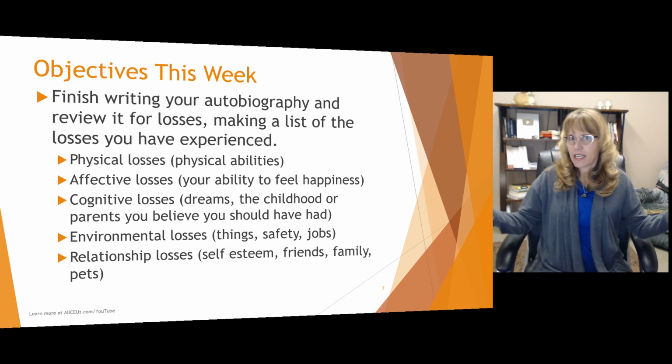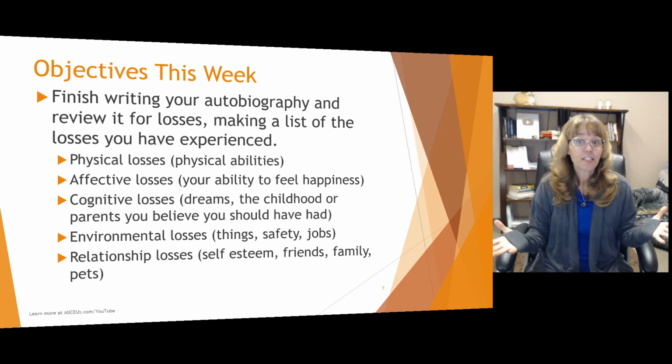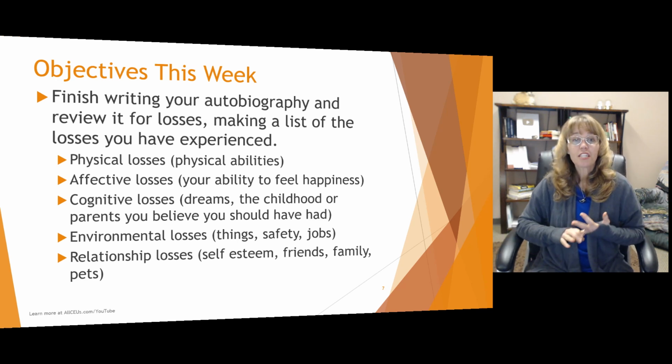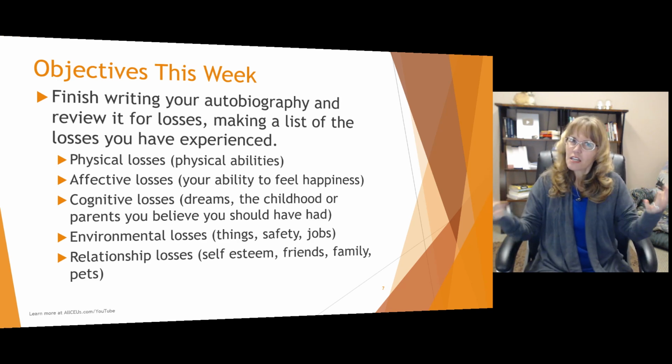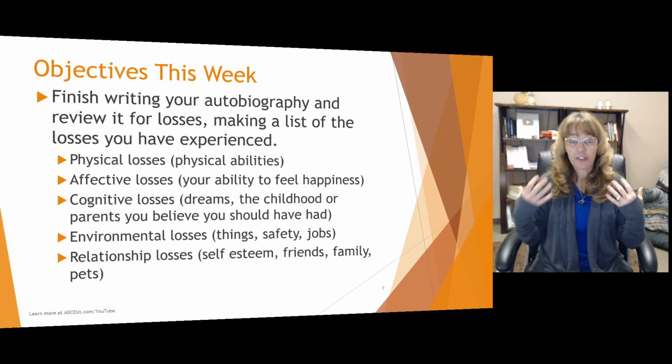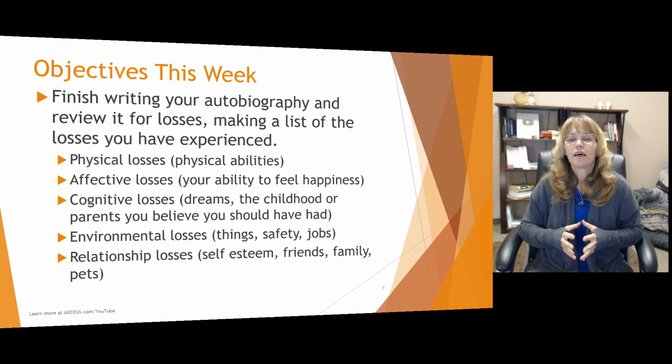If they experienced a fire and they lost their home, for example, their loss of safety. Now that's not necessarily tangible, but their loss of a sense of safety in their skin or in the world.